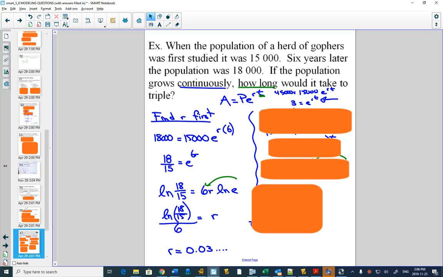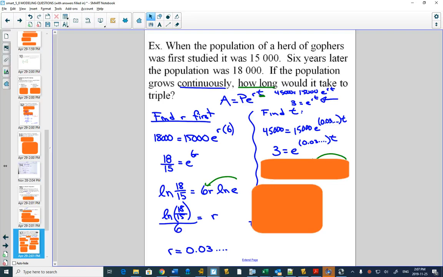It's going to take the same amount of time to double or the same amount of time to triple. If you divide both sides by 15,000, I get 3. If I had 18,000 and tripled it to 54,000, when I divide by 18,000, I'd get 3. It'd be the same either way.